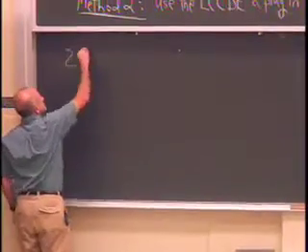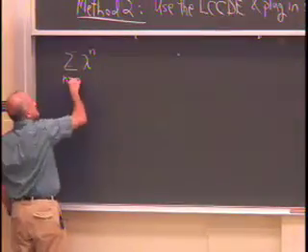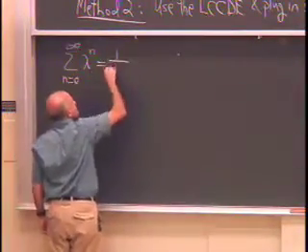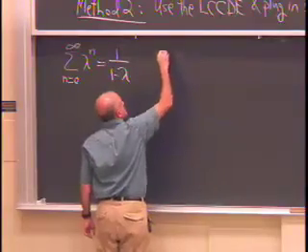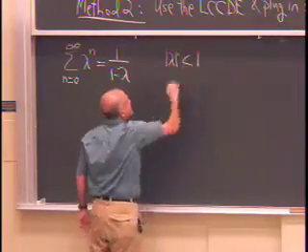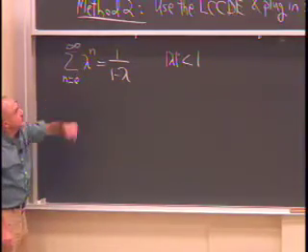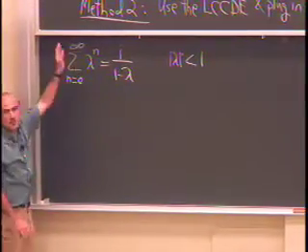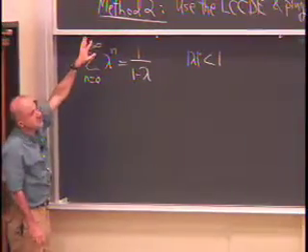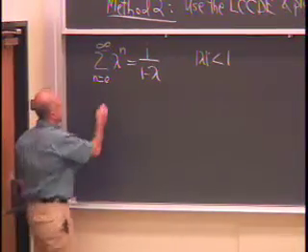I did put the summation of lambda to the n, n equals 0 to infinity, equals 1 over 1 minus lambda, for when the magnitude of lambda is strictly less than 1, last time. That's what I thought we did. Okay, I'll do both of them quickly since this is going to be a review then.